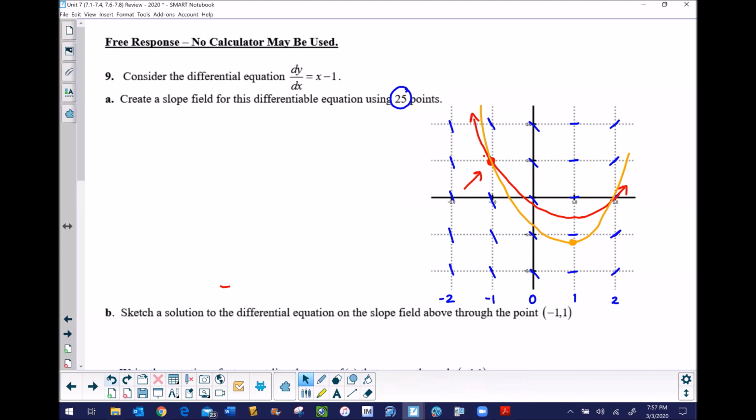Okay, if you drew something, I'm going to erase this orange one. If you drew the orange one so that maybe it was not quite as skinny, a little bit more opened up, more rounded, I don't want to use blue. Let's use orange. If it looked like this, that would receive credit.